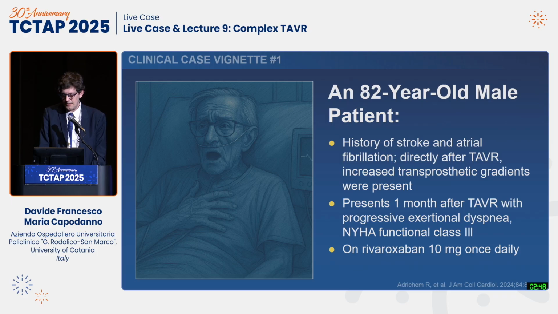The patient had atrial fibrillation, so he was left on rivaroxaban only because, of course, in this patient you should go with only one antithrombotic agent, and that agent was rivaroxaban 10 milligrams once daily. A kind of strange strategy, like Galileo, but of course it's not the dose of rivaroxaban you would expect in atrial fibrillation.